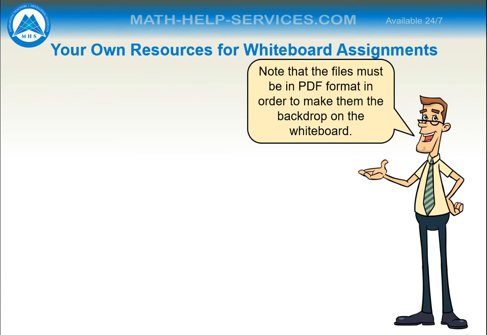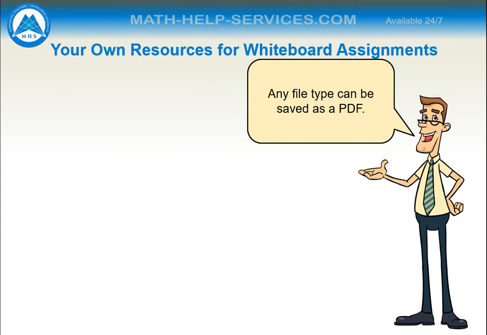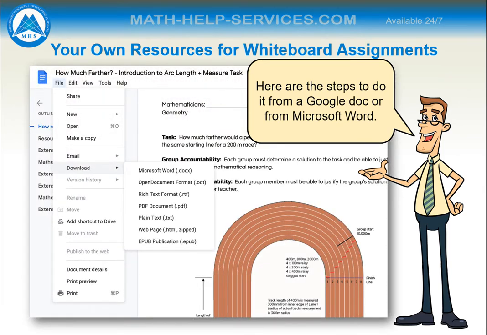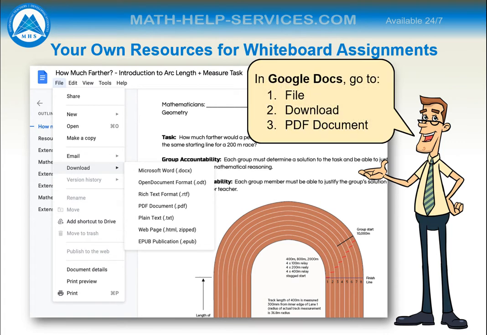Note that the files must be in PDF format in order to make them the backdrop on the whiteboard. Any file can be saved as a PDF. Here are the steps to do it from a Google Doc or from Microsoft Word. In Google Docs, go to File, Download, PDF Document.